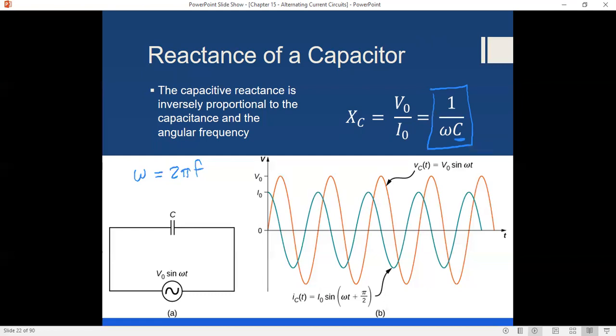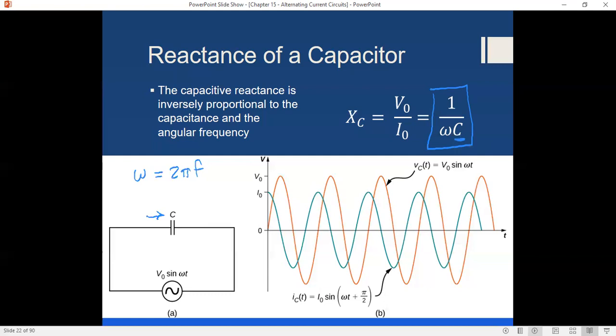Think about this. Reactance is how much we're limiting the current. If the capacitance is very, very large, it's going to take a lot of current to charge this capacitor. So a big capacitor is going to have a small capacitive reactance.